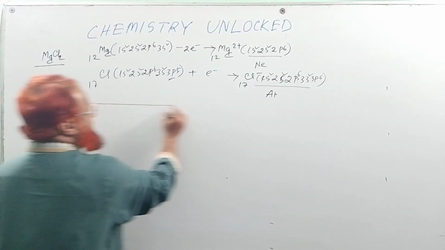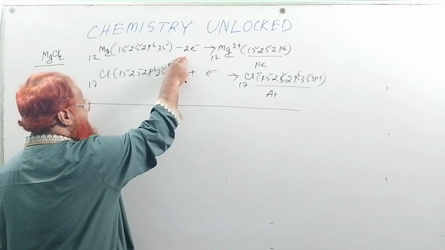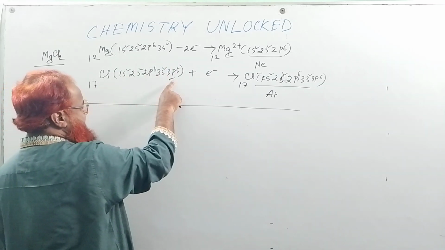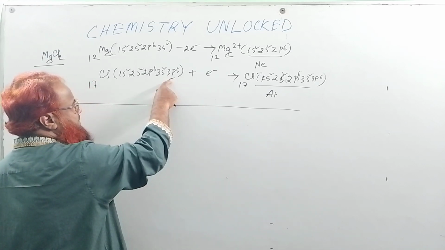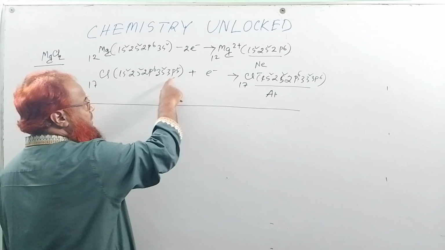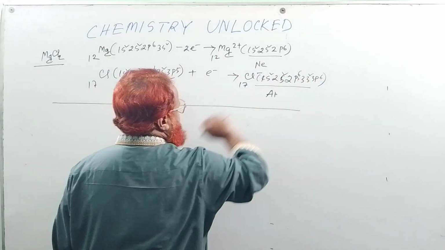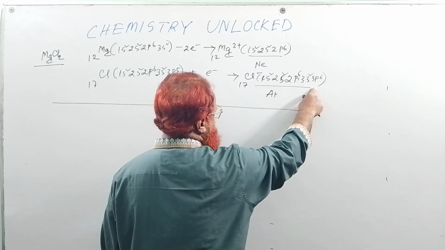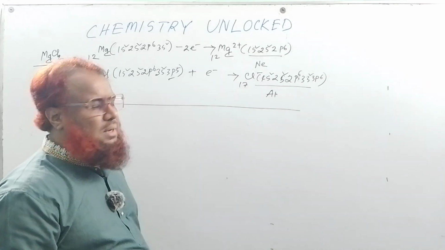Now look at here. 2 electrons are donated by 1 magnesium, and 1 chlorine has the maximum capacity to receive 1 electron, because this 3p5 will be shifted to 3p6. So 1 chlorine can receive 1 electron.